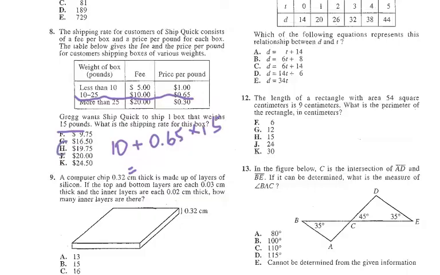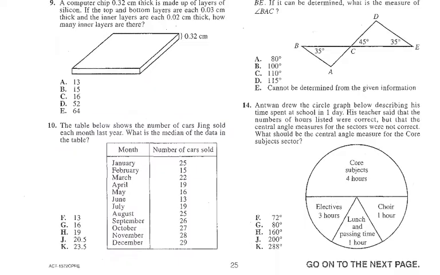The answer will be H. For number 9, you have to use 0.32 minus 0.03, that's the top and bottom layers, times 2. And then you divide it by the inner layer, that is 0.02, so that you can get how many inner layers there are. The answer will be A.